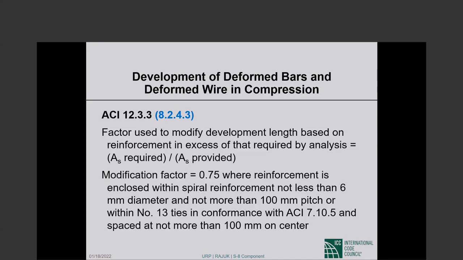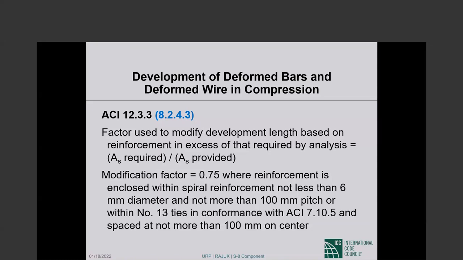You get to reduce the required development length in compression by 25%, where your compression reinforcement is enclosed within spiral reinforcement, not less than 6 millimeter in diameter and not more than 100 millimeter pitch, or where your compression reinforcement is within number 13 ties in conformance with the ACI section, and spaced at not more than 100 millimeters on center.